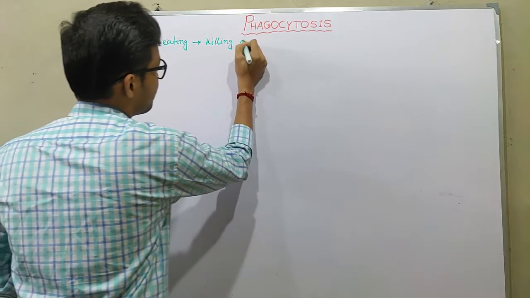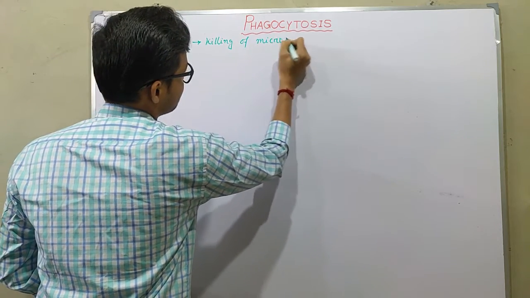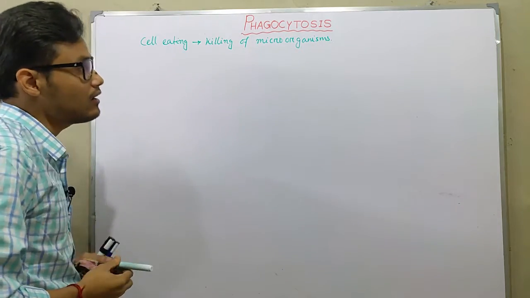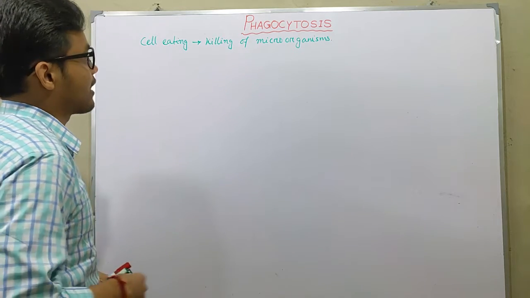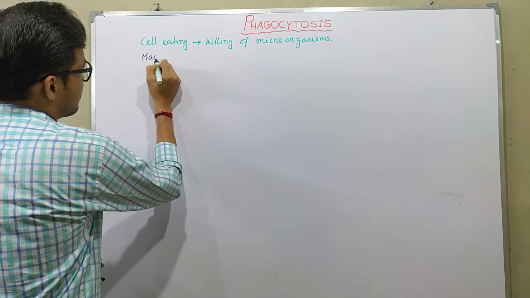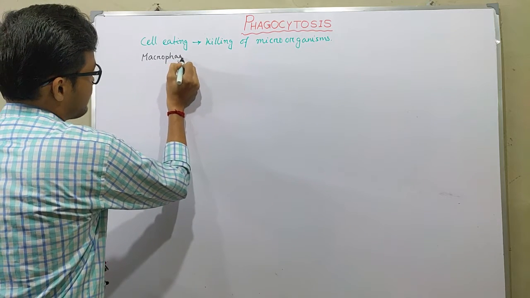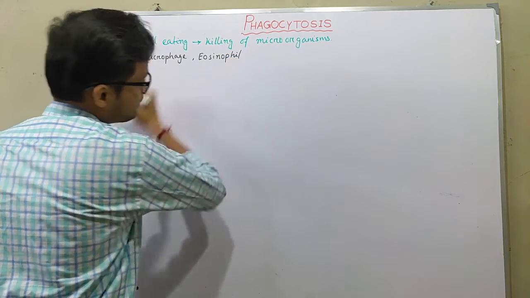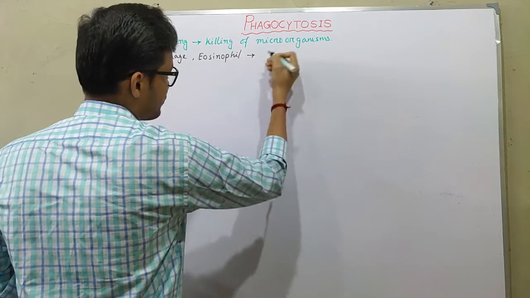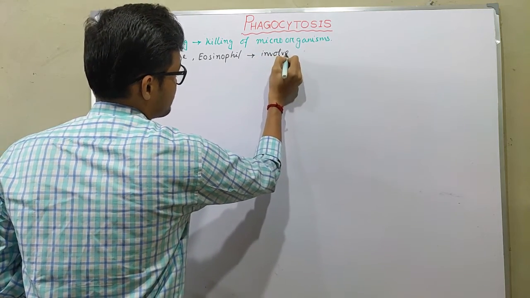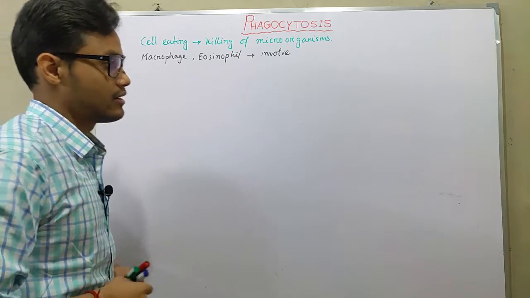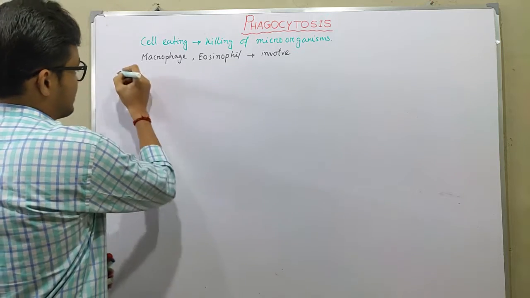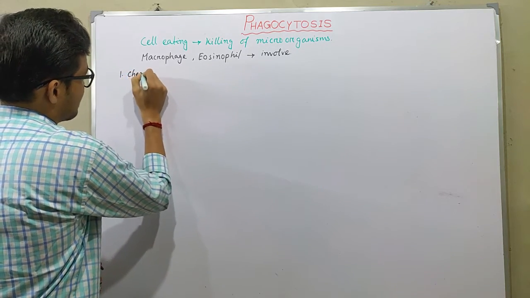Next, cells like macrophages and eosinophils are involved in the process of phagocytosis. Phagocytosis takes place in 4 different steps. First one is chemotaxis.